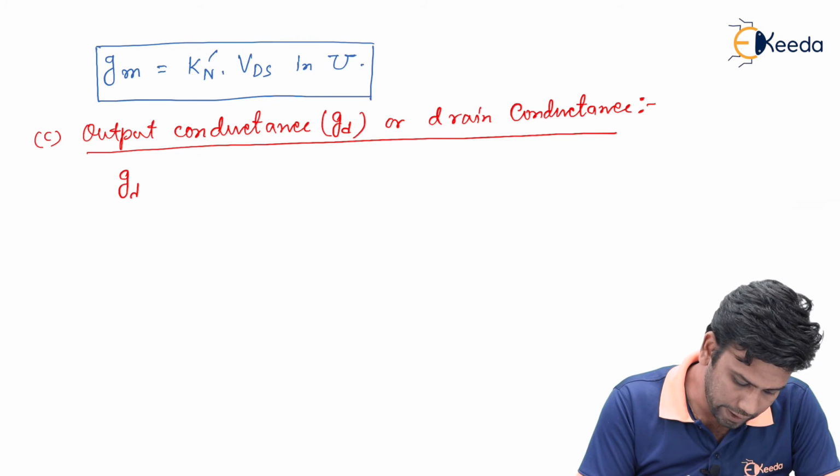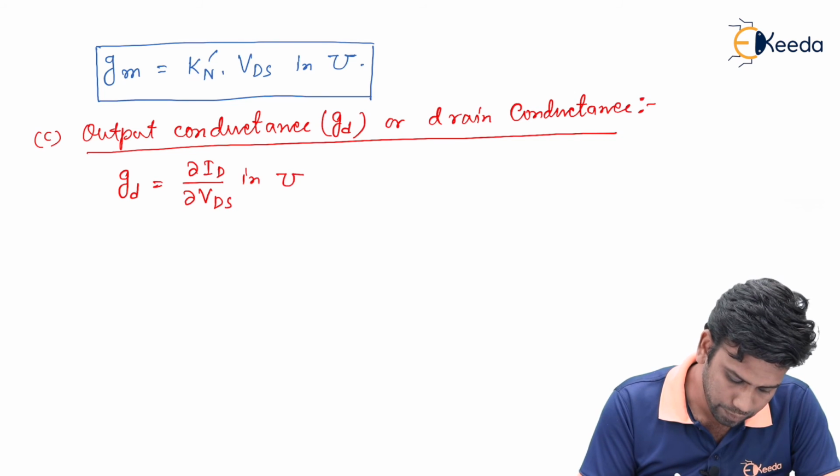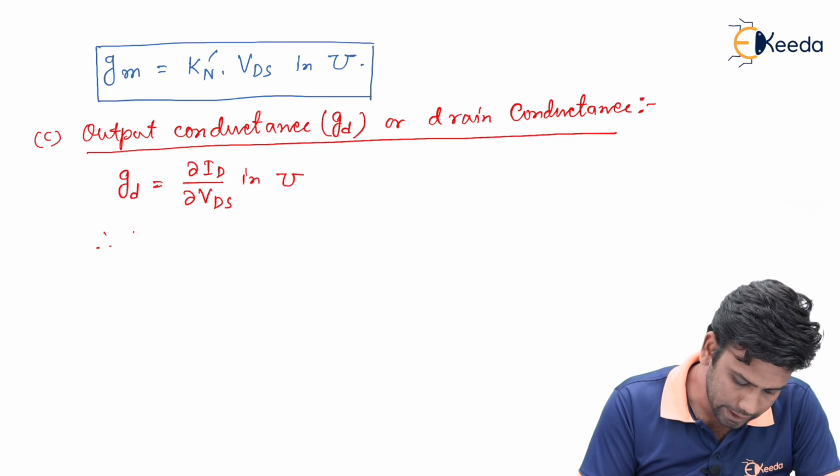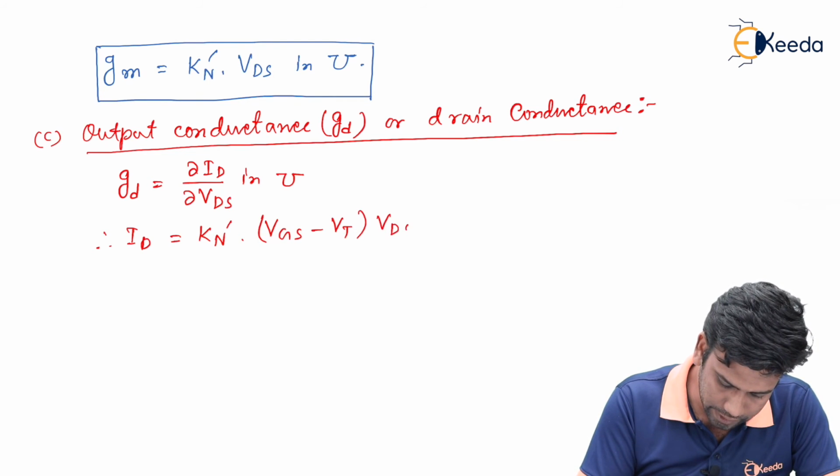So, GD is defined by del ID by del VDS in mho, and we know that ID is equal to Kn dash into VGS minus VT into VDS.